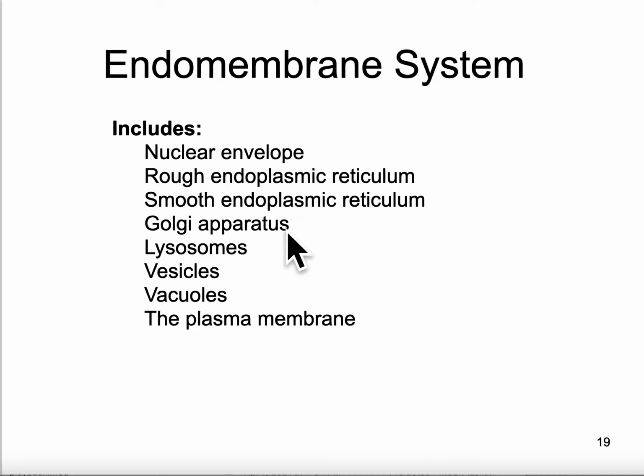Golgi apparatus, lysosomes, vesicles, vacuoles, and the plasma membrane. We've talked about the plasma membrane as the single phospholipid bilayer that surrounds the whole cell. So that's the thing that actually gives the borders of the eukaryotic cell.